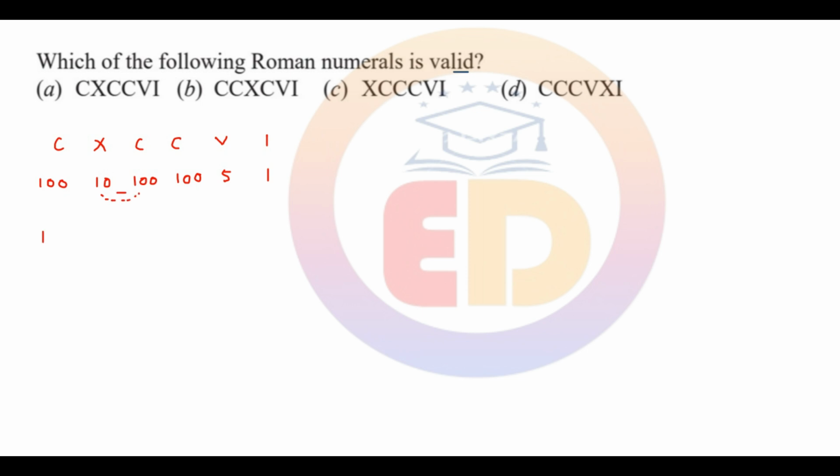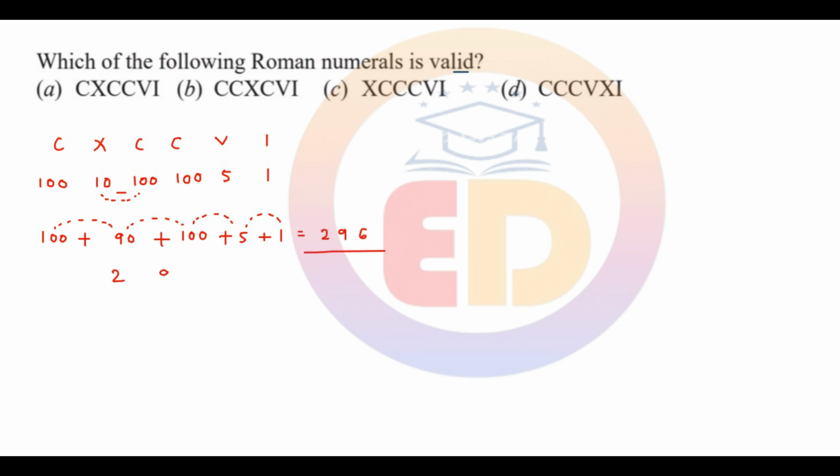So this will be 100 plus this is 90 plus 100 plus 5 plus 1. 100 plus 90 is 190. 190 plus 100 is 290. 290 plus 5 is 295. Plus 1 is 296. So this value is coming 296.